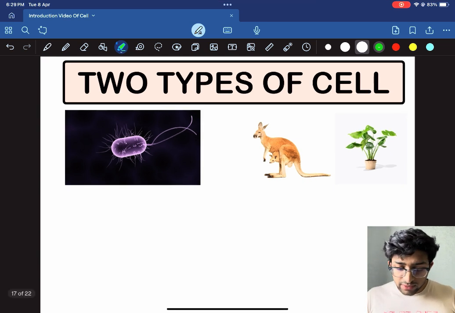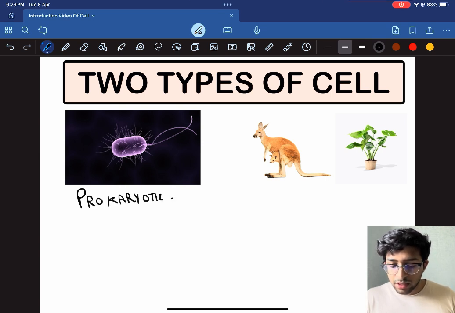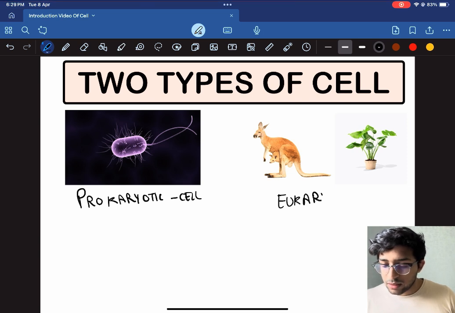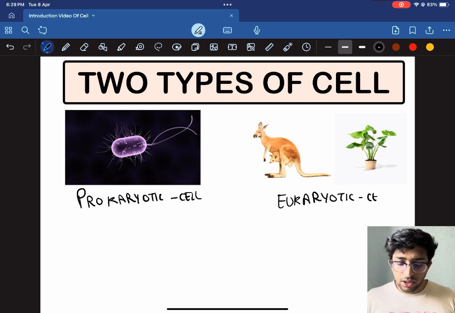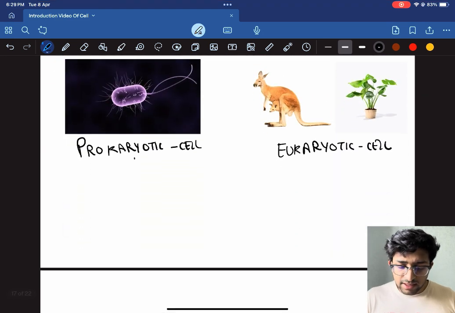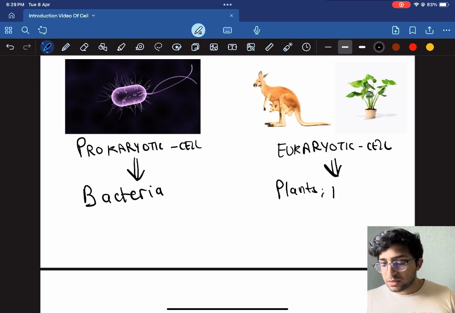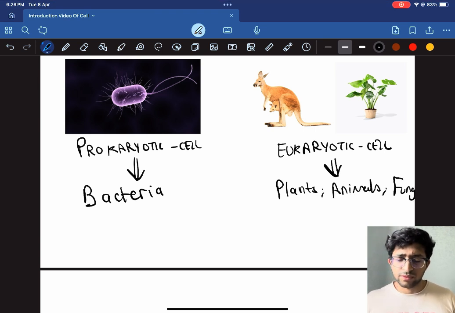Now before completing this, I want to tell you that there are two types of cells, right? One is called prokaryotic cell, and the other is eukaryotic cell. The classic example of prokaryotes is bacteria, and here there are plants, animals, fungi, humans as well.